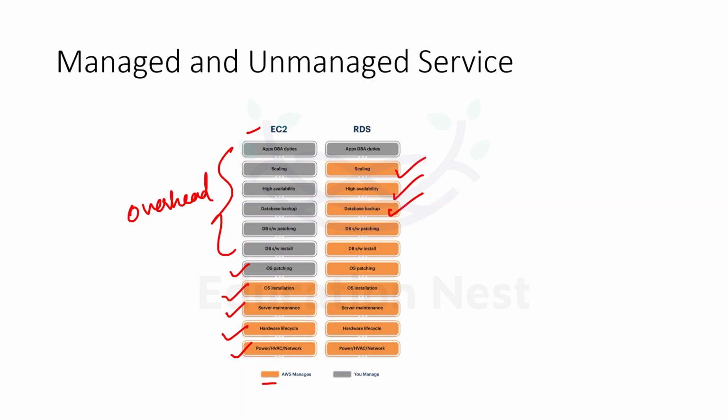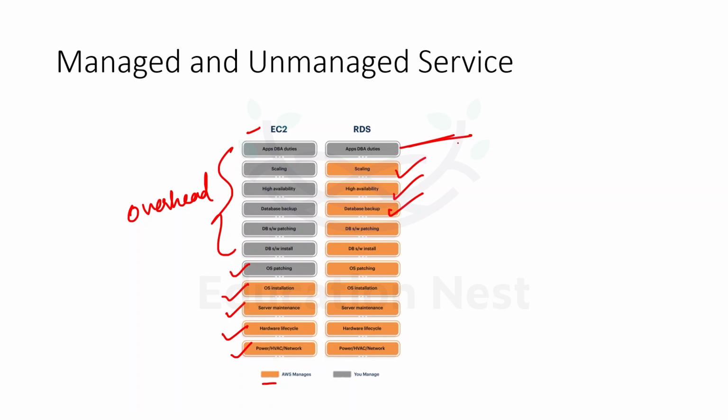Everything would be the responsibility of AWS. What do you need to manage? You just have to do your DBA duties: manage your database schema, your data, and access control. That's it. So the operational overhead or responsibility is reduced.